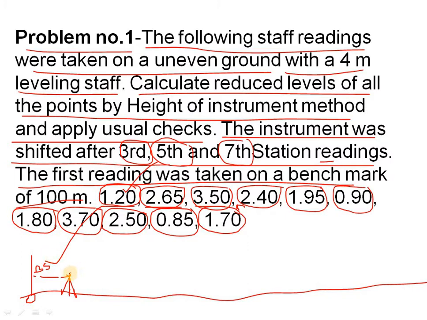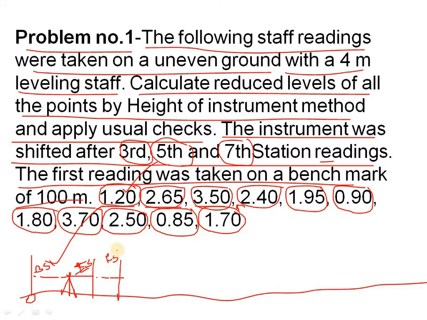You can write here BS1, and after that we have the intermediate side, which you write as IS, and the next one, the third one, is FS.